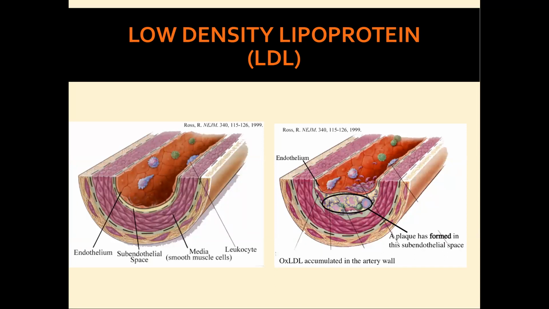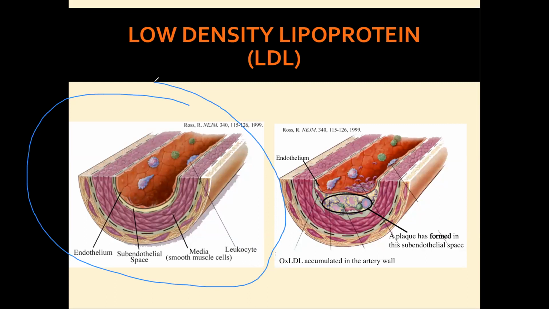So what we have here is a drawing of a healthy artery. The artery is cut open to see the interior, and we see the inner layer of cells, called the endothelium, which lines the insides of your blood vessels.